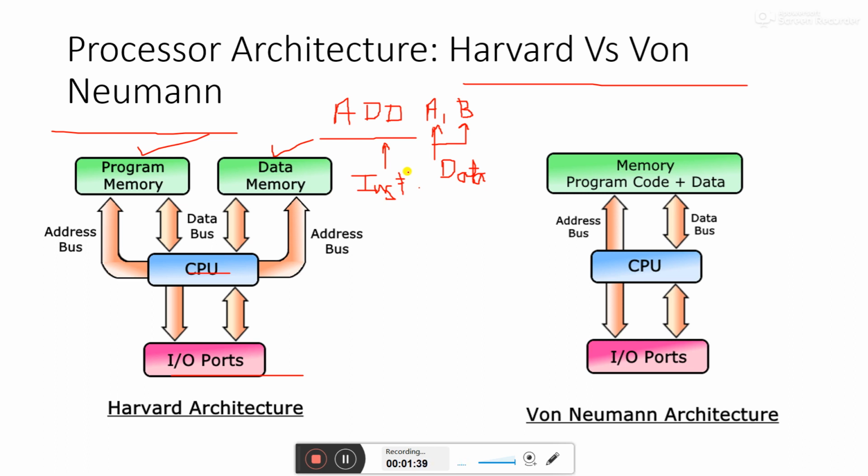Okay, so when we say Harvard architecture or Von Neumann architecture, how will this instruction be stored in memory?